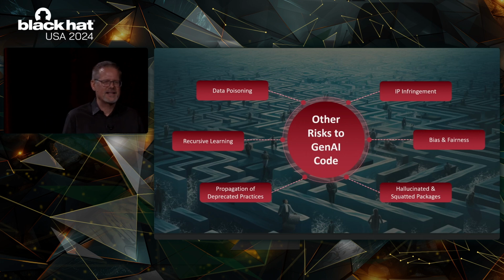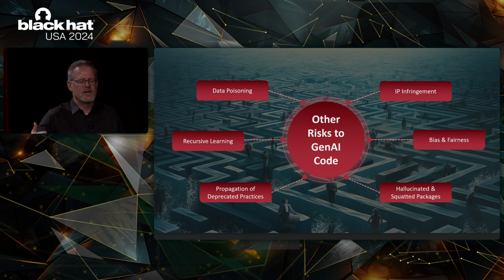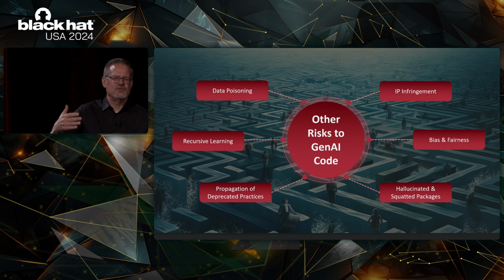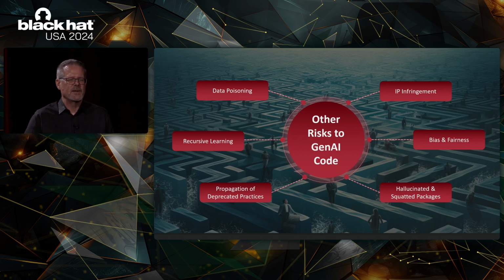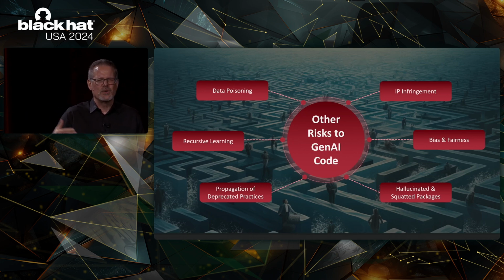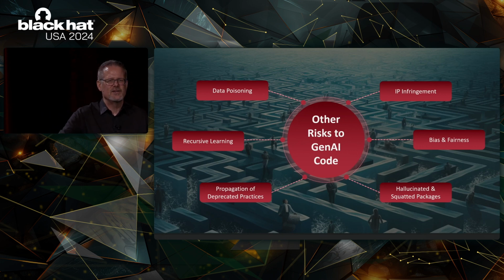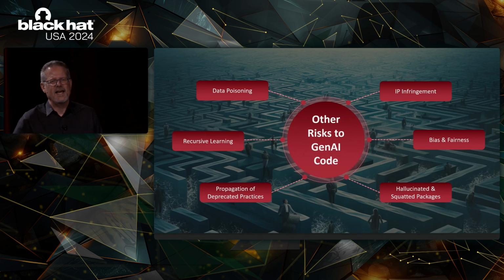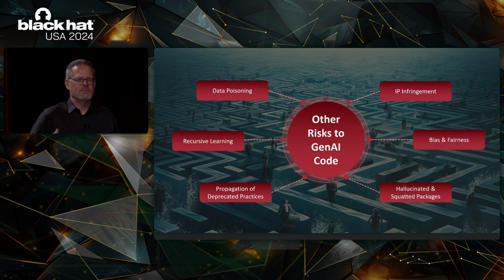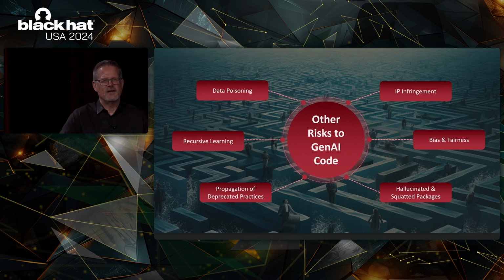Propagation of deprecated practices is another one, and one of the papers showed that that is one of the reasons we have vulnerabilities coming out, because the LLMs don't really know that code that was written 10 years ago isn't how you would write the code today. A lot of times they don't get that insight. So they propagate these old ways of writing code that you shouldn't be doing anymore.